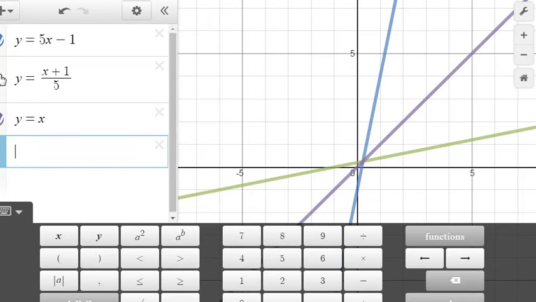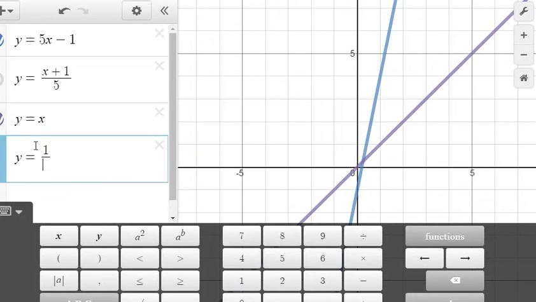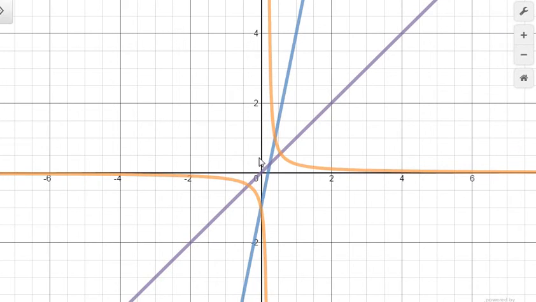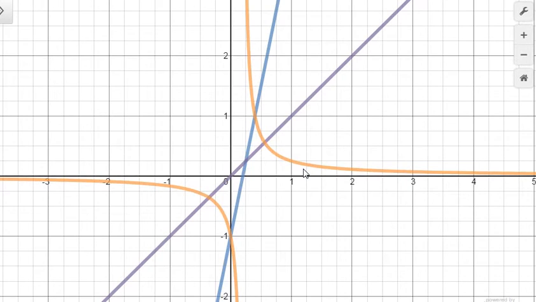Now let me shut this off, and let's compare it to what would be the reciprocal. y equals 1 divided by 5x minus 1. So does that look like the reflection? It's a rational function, right? It's a pretty weird looking thing, but clearly it's not the reflection.